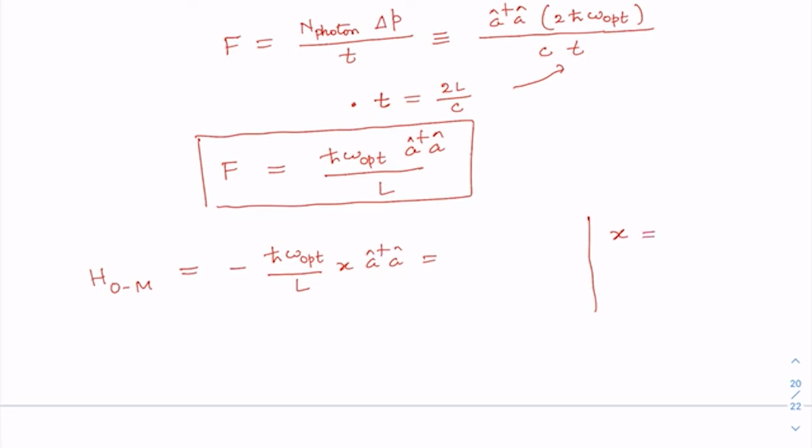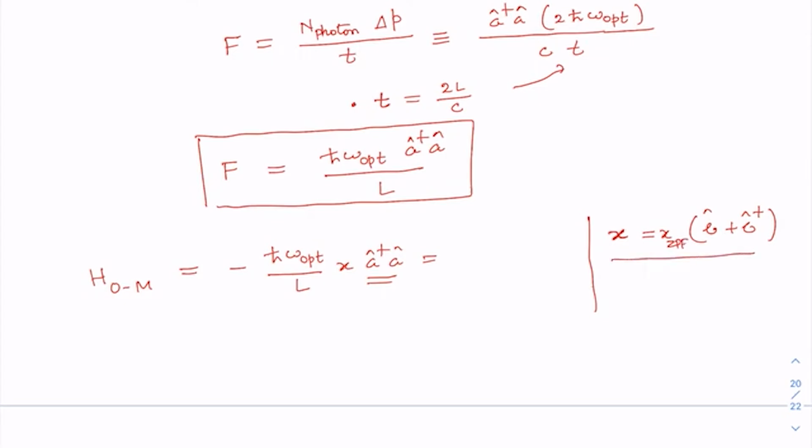So this quantity we can write, because I have already used this A and A dagger, so this is associated with the mechanical oscillator. So let us say the annihilation operator, these things we discussed. So we can write it as B plus B dagger multiplied by the so-called zero point fluctuation.